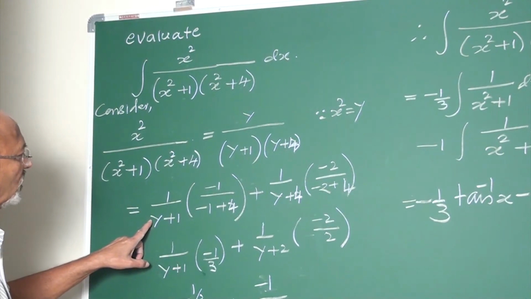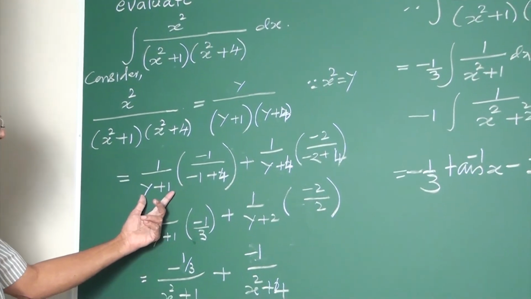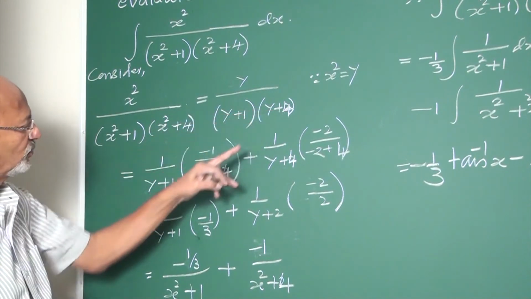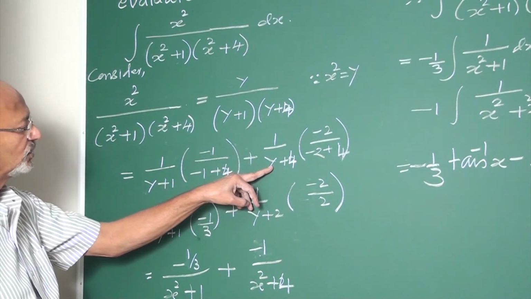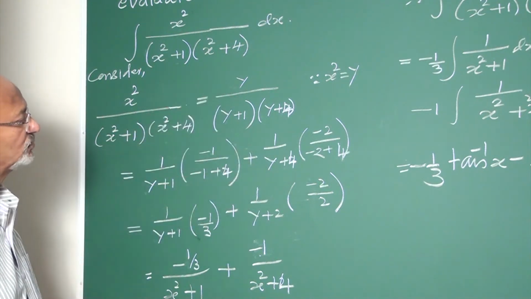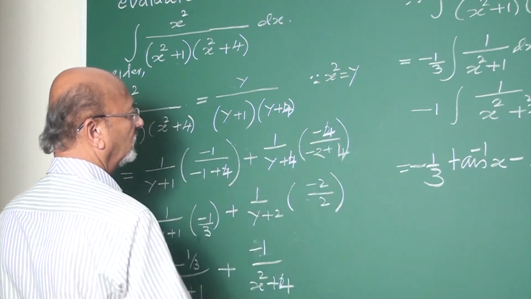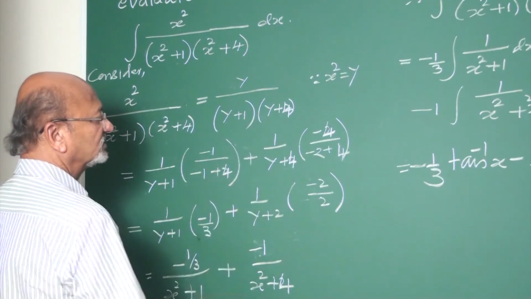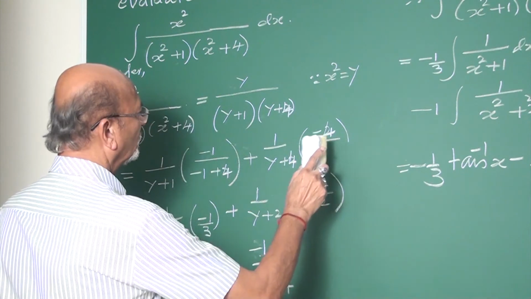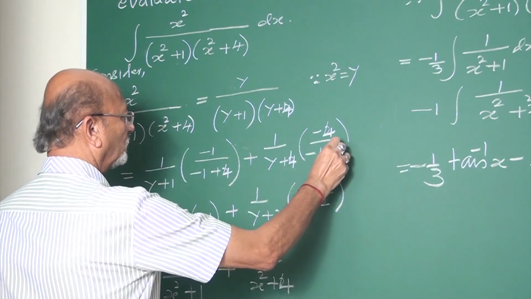Yes, friend. Oral method: write 1 upon the first factor to make it 0. The value of y is minus 1 upon minus 1 plus 4. y plus 4, to make it 0, y is minus 4. Y is minus 4. This is minus 4 plus 1.